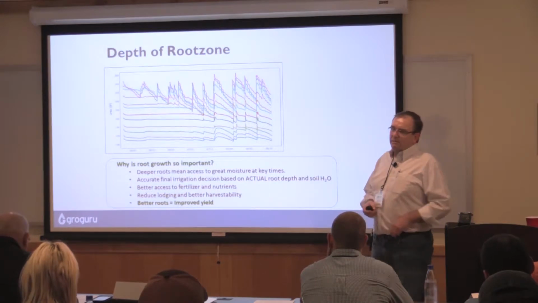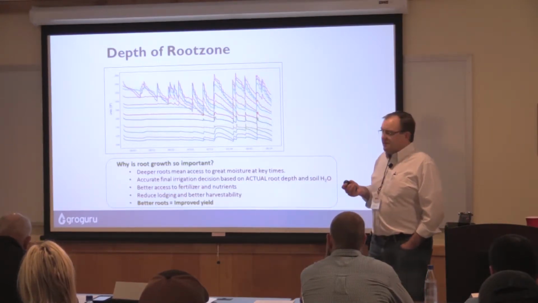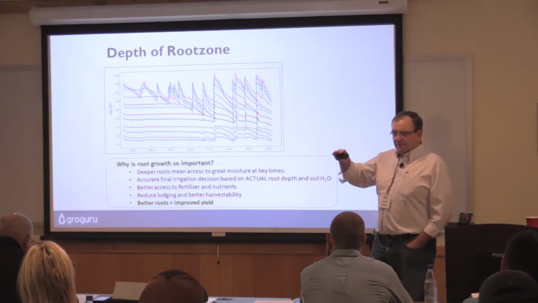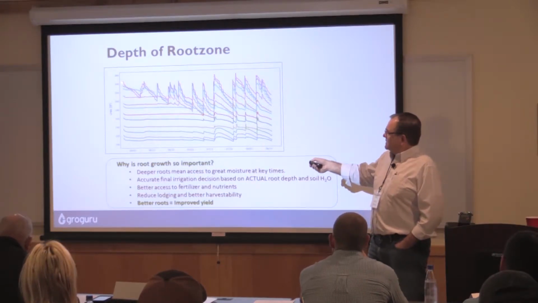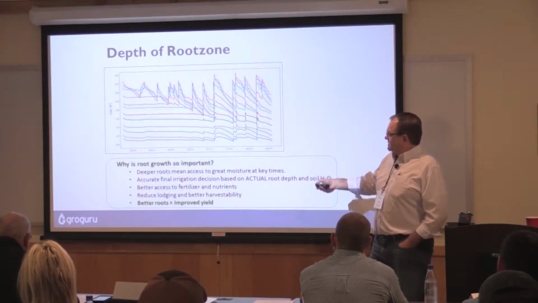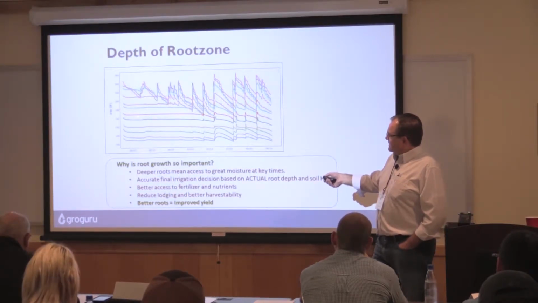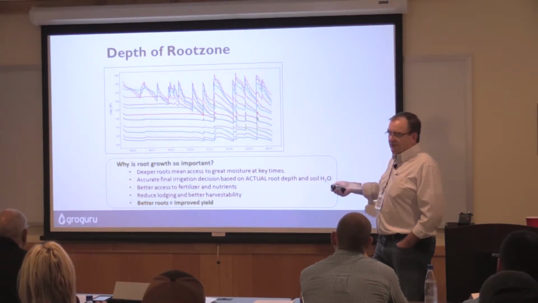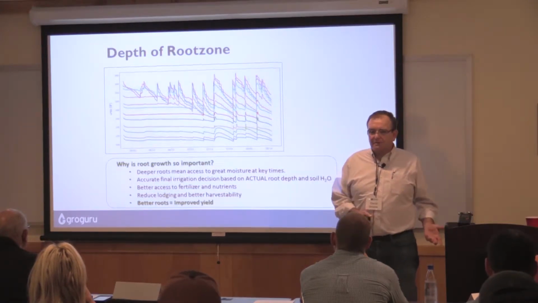So how do we know how big the roots are? I've got that probe. In this case, this was an Aquaspy probe, and it's a 5-foot probe with 15 sensors on it. So this pink line is 4 inches, and then 8 and 12 and 16, all the way down to 60 inches. If we look across here, we can see this red line, for example, is flat. Then it starts to stair-step down. It's flat because there's no water use, and it starts to stair-step because there is water use.